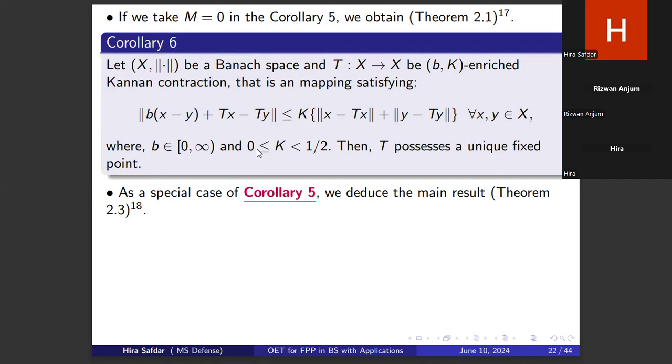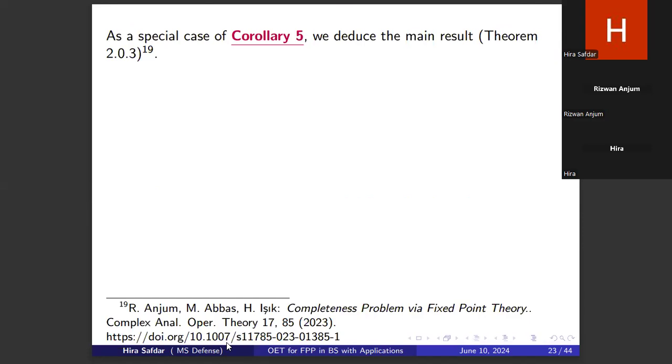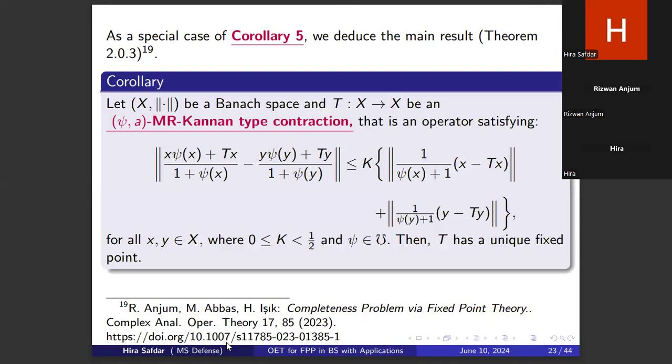As a special case of corollary 5, we deduce the main result: let X be a Banach space and T a mapping from X to X. If there exists b belonging to 0 to infinity and M dash plus 2k less than 1 such that for all x, y this condition is satisfied, then T possesses a unique fixed point. As a special case of corollary 5, we reduce the main result to the Kannan type contraction.